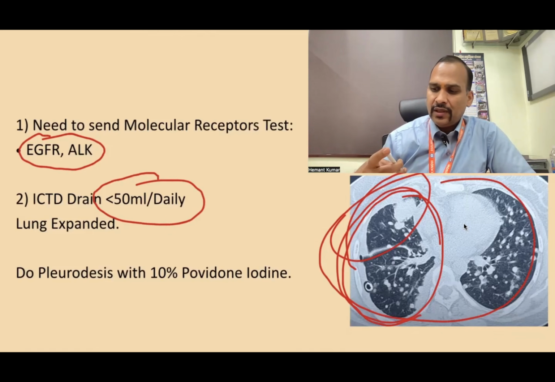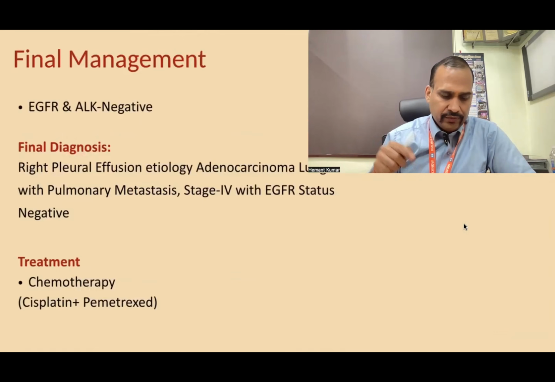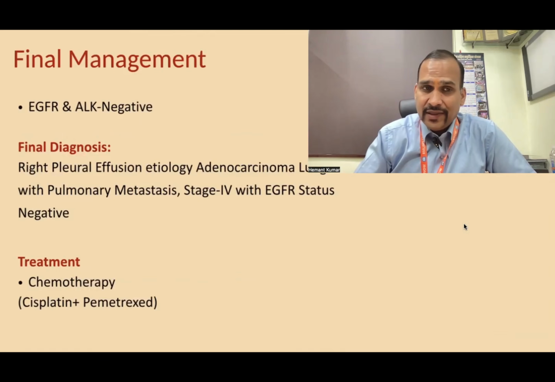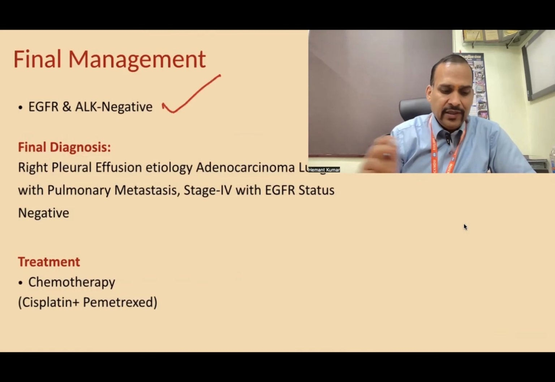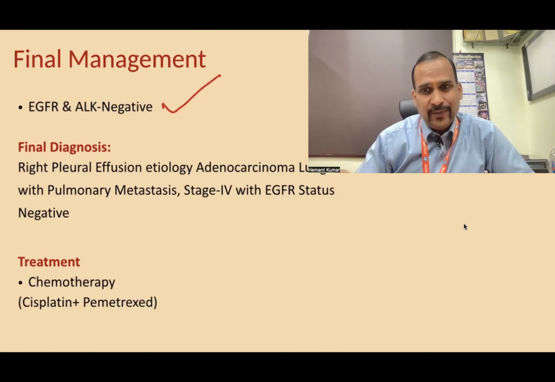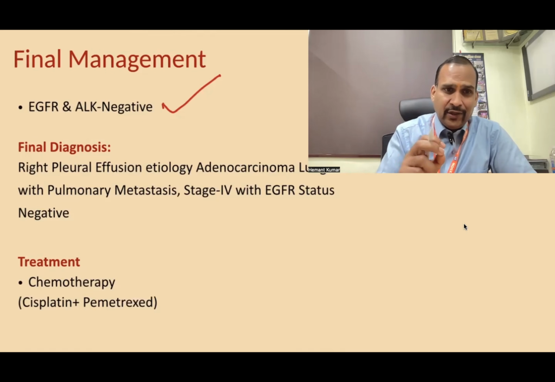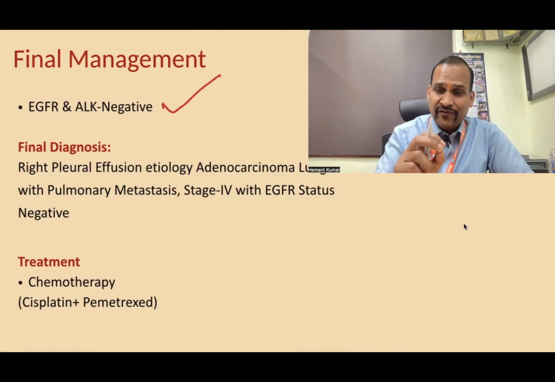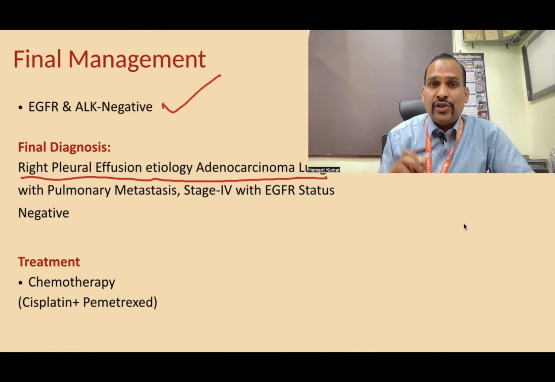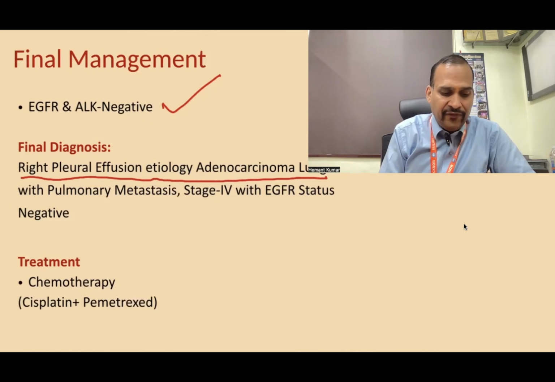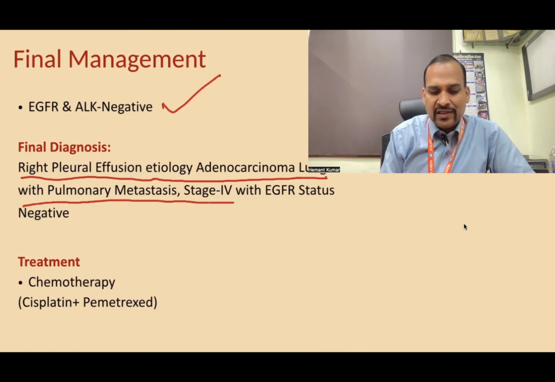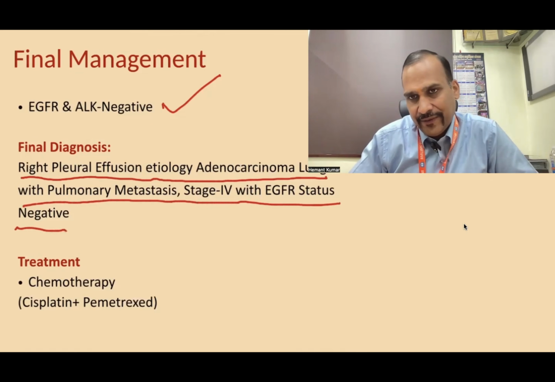Final management: since EGFR and ALK are negative, we are only left with chemotherapy. So what is the final diagnosis? This is a young lady, a 35-year-old female, diagnosis: right side massive pleural effusion, etiology adenocarcinoma lung with pulmonary metastasis, stage 4 with EGFR status negative.